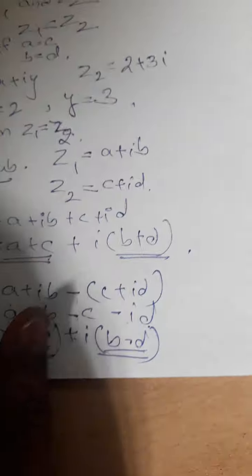And remember, one more thing I need to tell you: if i is root of minus 1, then i square will be root of minus 1 the bracket square, which is equal to minus 1. Why am I telling you this?